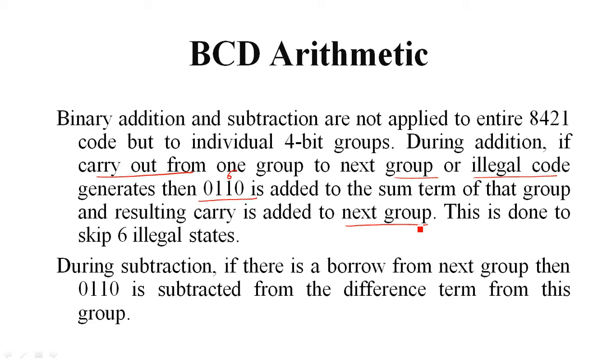This is done to skip 6 illegal states. As we know, BCD exists from 0 to 9 only, but a 4-bit number exists from 0 to 15. So from 10 to 15 we have illegal states. When we are performing addition, we have to skip these 6 states, that is from 10 to 15.